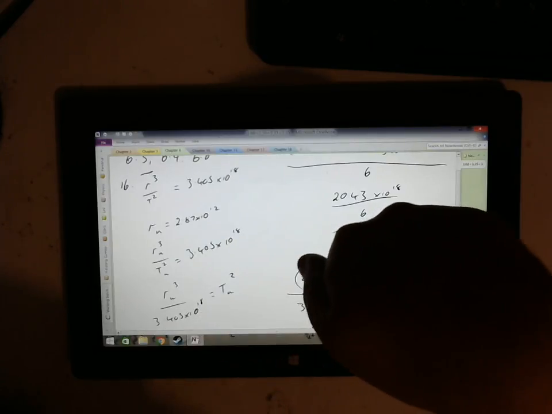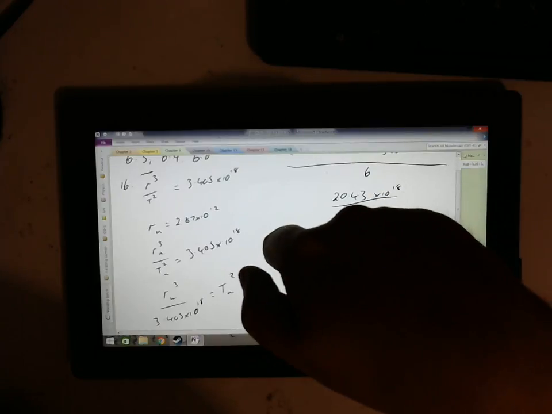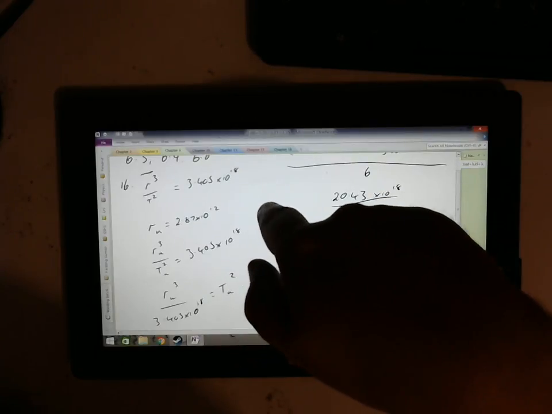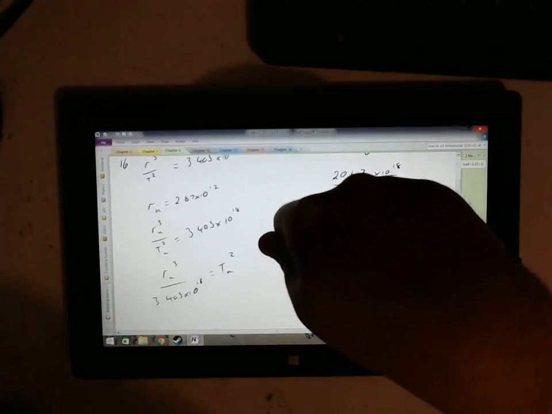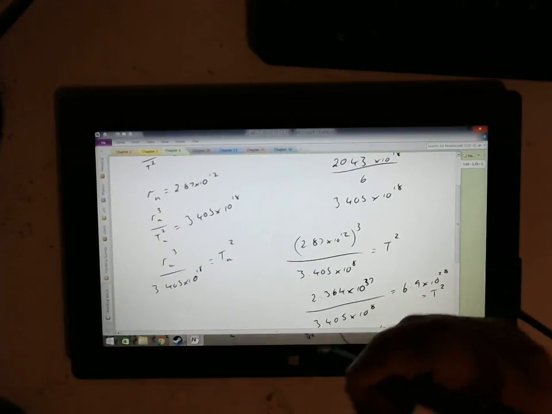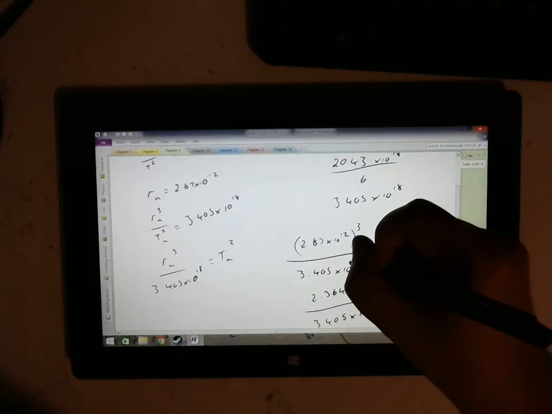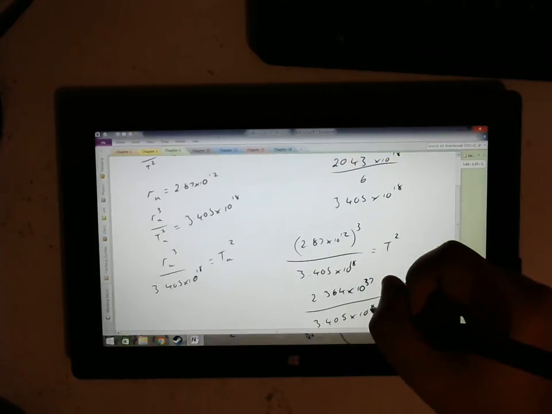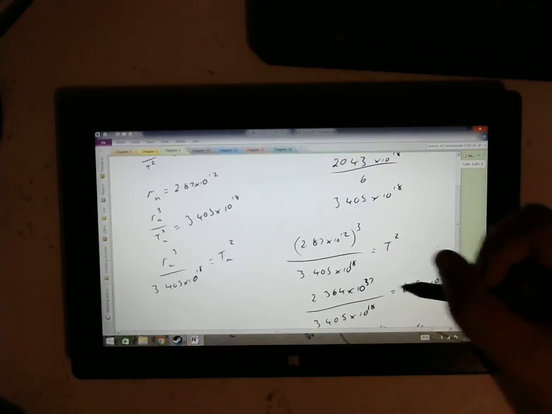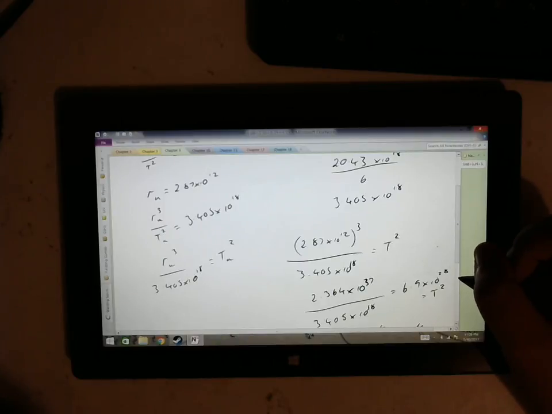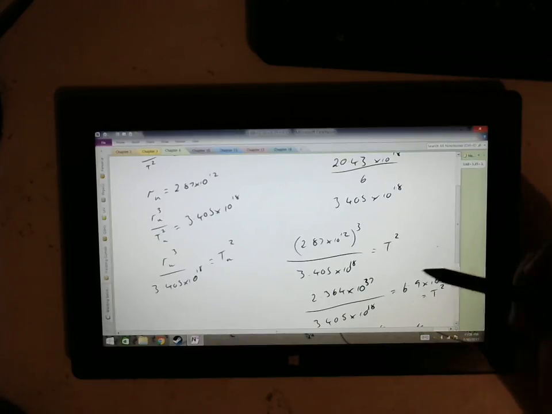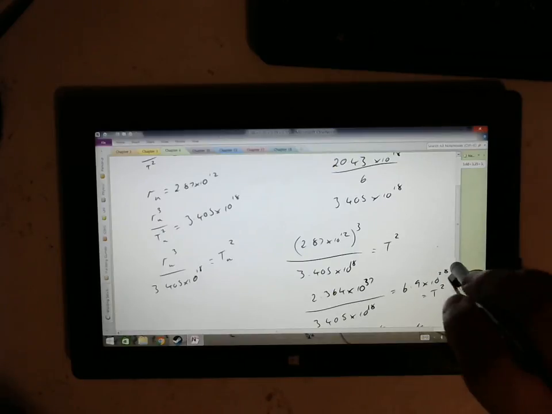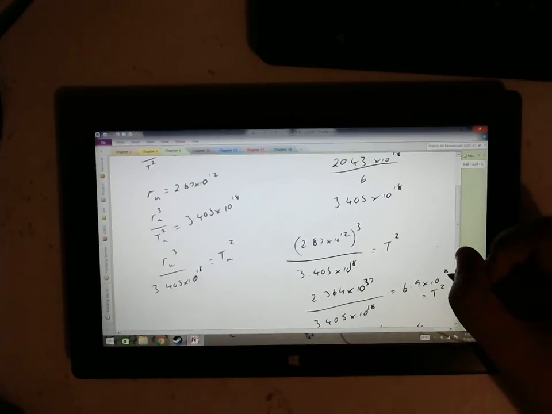That 12 should give us 37, so yes, that looks fine. Have I done my rearrangement wrong? I see what I've done wrong. I have missed an 18 here, so that now had a major power off. So instead of being 6.9 times 10 to the 28, it should have been 6.9 times 10 to the 18.